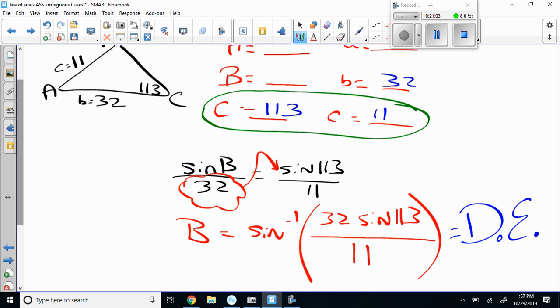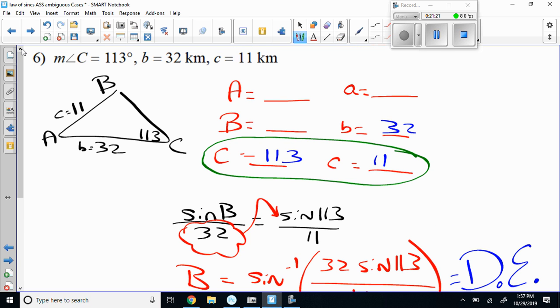If you do that calculation, before you take the inverse sine of it, it's a number greater than 1. And you know that it can't exist because nothing can exist over 1 for a sine. It's the biggest number you have. It's a domain error, which means, ladies and gentlemen, I will not have a triangle here.